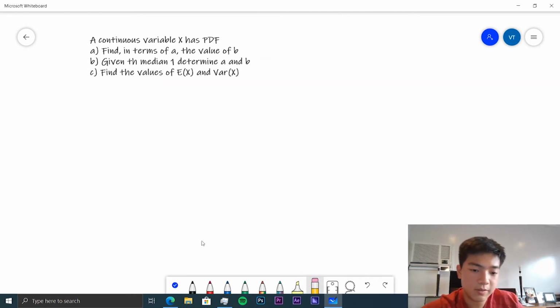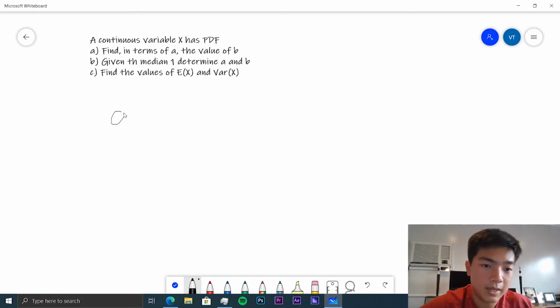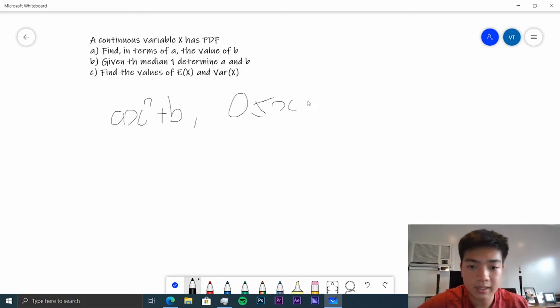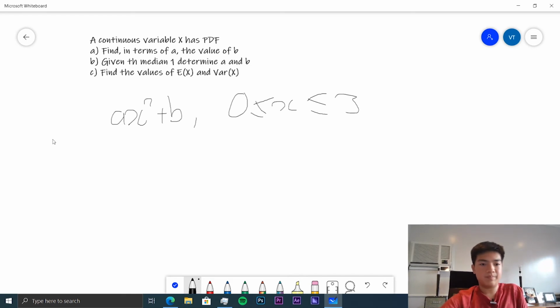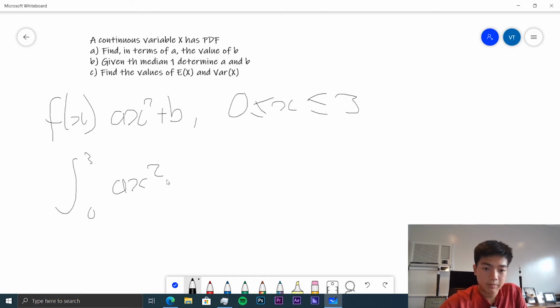And the distribution function is equal to ax squared plus b for when 0 is less than x is less than 3. So find in terms of a the value of b. So the integral between 0 and 3 of ax squared plus b must equal 1.